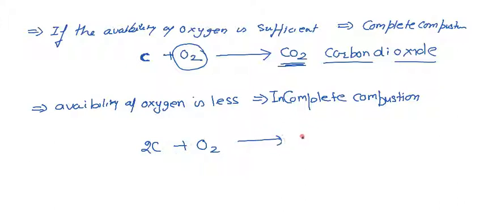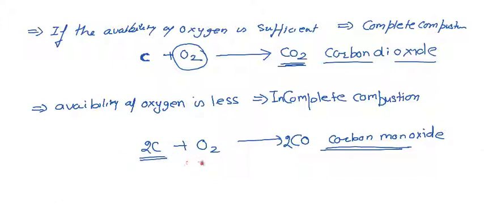Here the product changes to carbon monoxide. Your product has now changed, because due to the lack of oxygen your fuel is not burned completely, and the product is not formed in your desired manner.